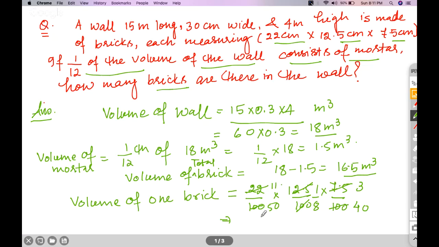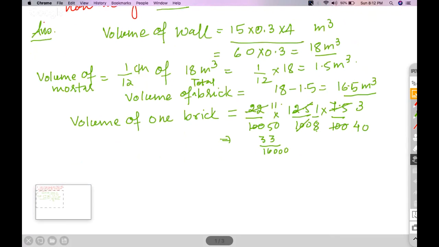So I get 11 into 3, 33, and 50 into 8 is 400, 400 into 40 is 16,000. So the volume of one brick comes out to be 33 divided by 16000 meter cube.